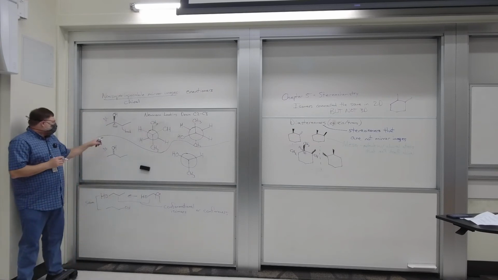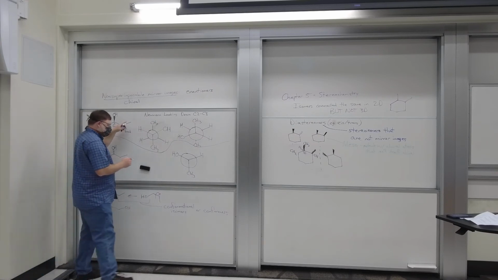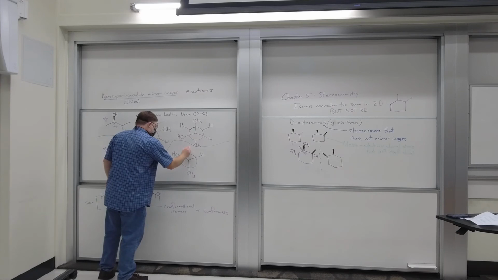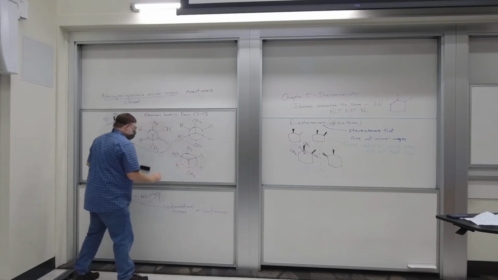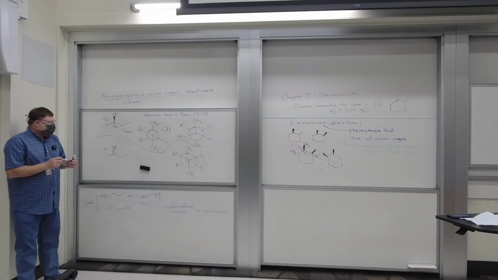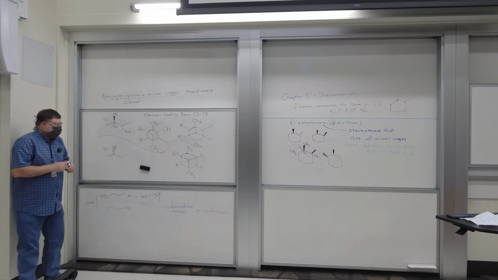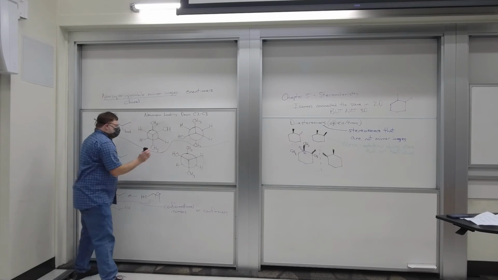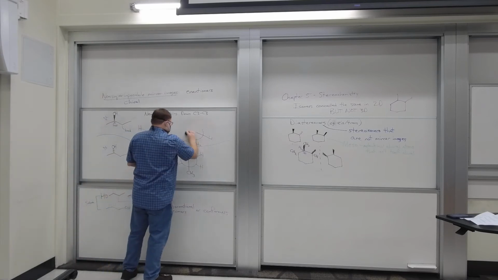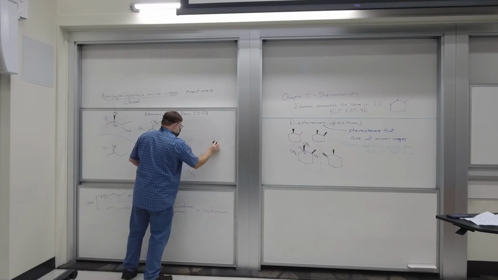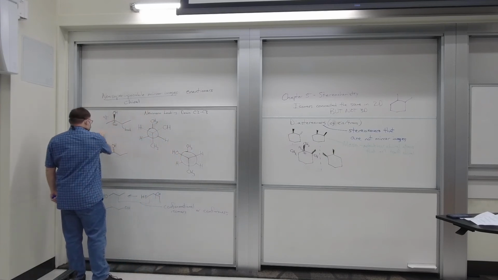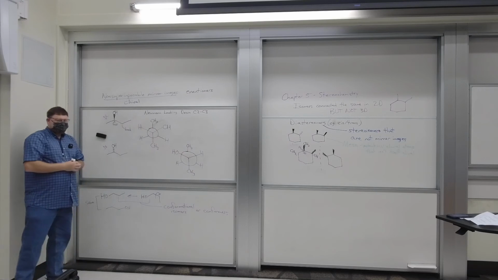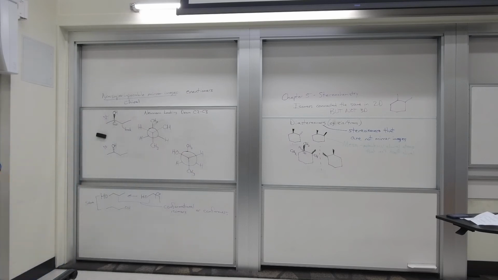So it's to the left. The back carbon still has two H's and a methyl that's up. There we go. I'm going to remove this second structure I drew for the top molecule. So those are the two Newman projections.